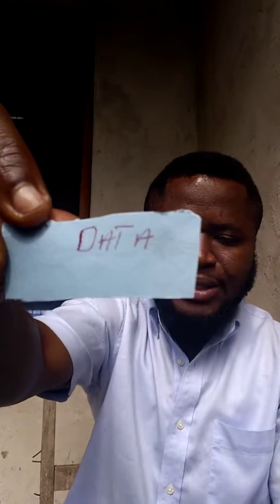Now, apart from this ICT, you are likely to come across data. Now, when we talk of data, it is in the form of text, sound, or numbers which is suitable for processing.